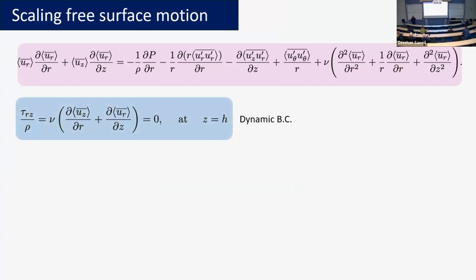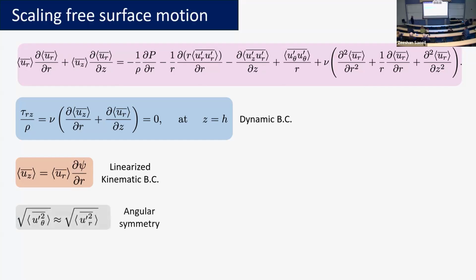What I have is a free surface. Winds were taking it easy, so I don't have any stress or wind-induced stress. That means that the shear stresses could be related to each other. I also have a linearized kinematic boundary condition owing to the small perturbations at the surface. Nothing strong. And then I also have some angular symmetry as confirmed by the data.